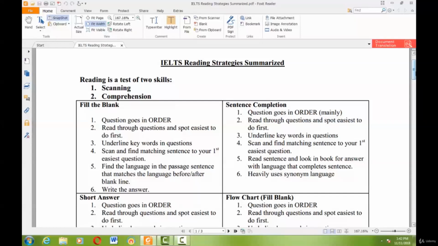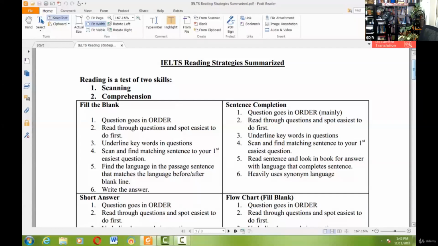Work on improving your speed at finding the matching sentences for the questions that go in order. Get better at that. Get more accurate at that. Try to get faster at it. But you have to sometimes just practice that specifically. Some people just like to take a whole test, right? But they don't work on the skills that are actually going to make them better.